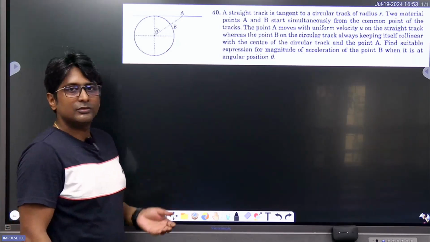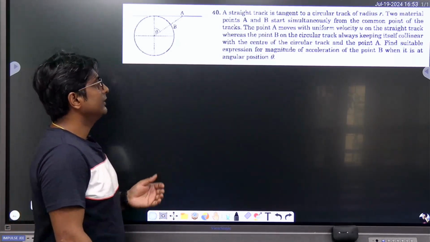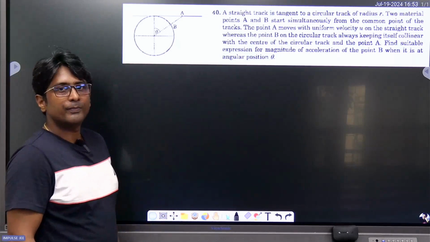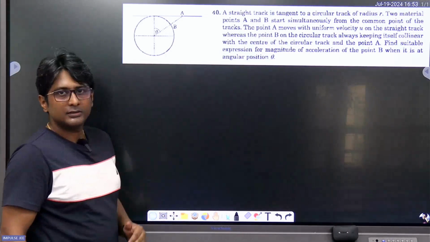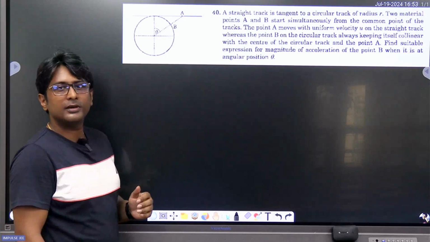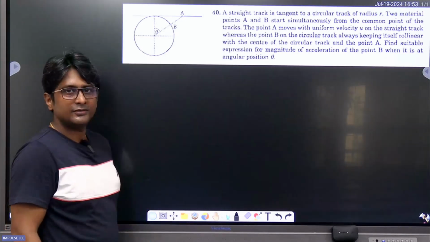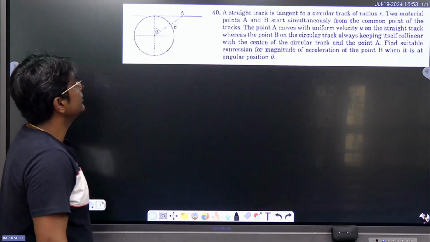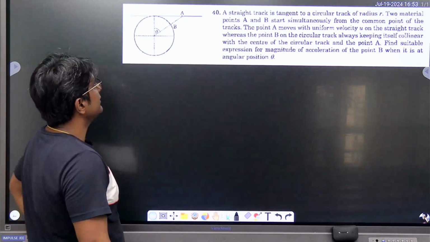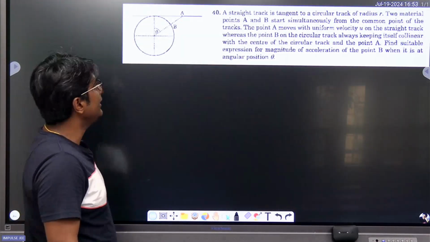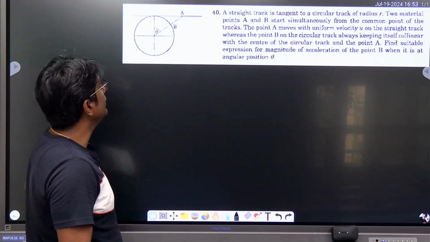So just watch this lecture, how we are going to implement the concept of curvilinear motion while solving this question. This is question number 40 in Build Up Your Understanding in Kinematics of the Pathfinder book.